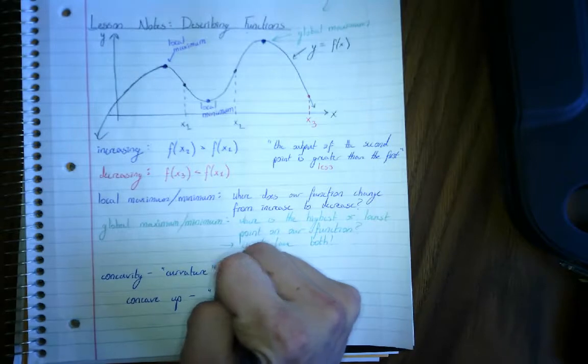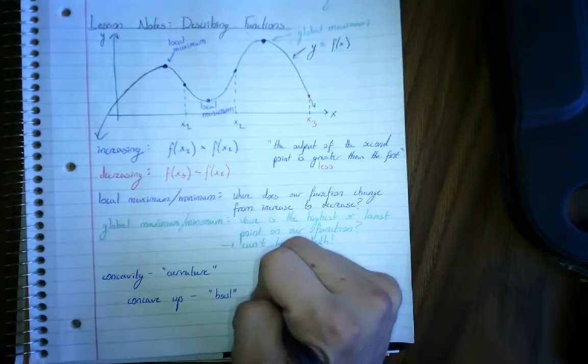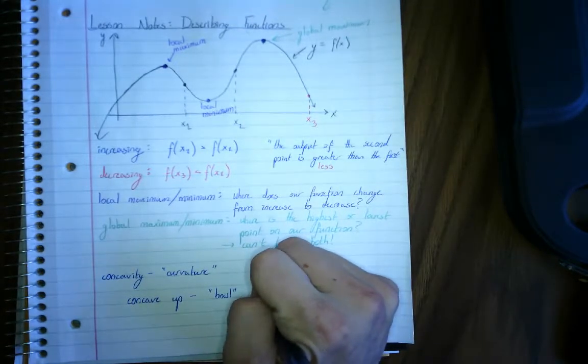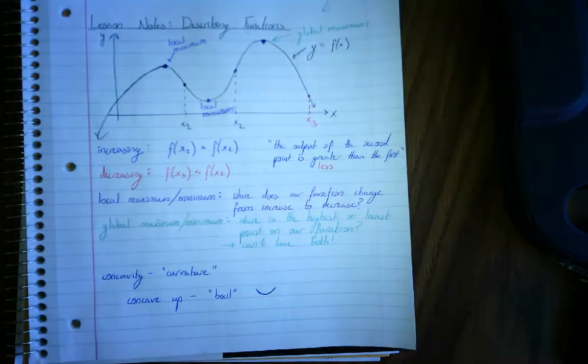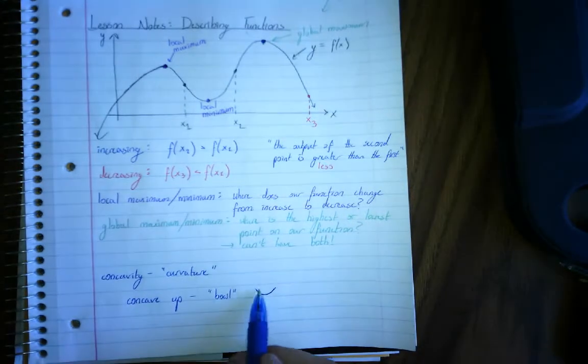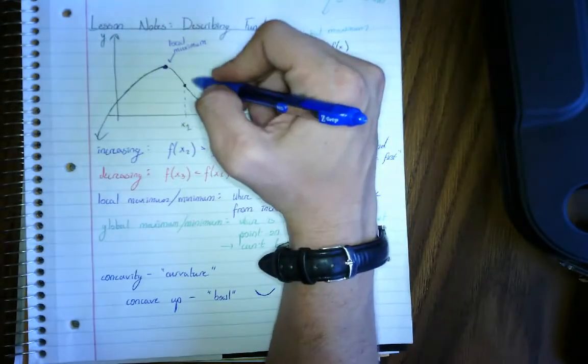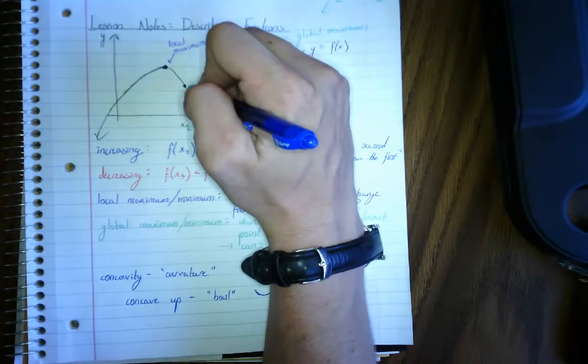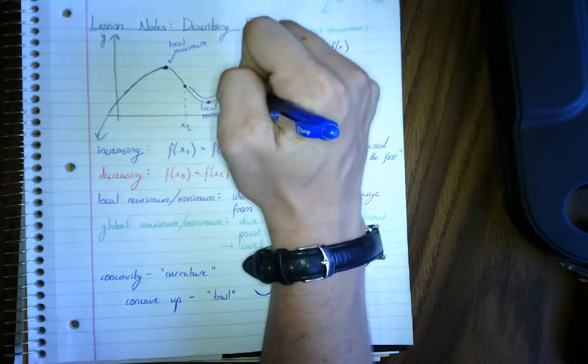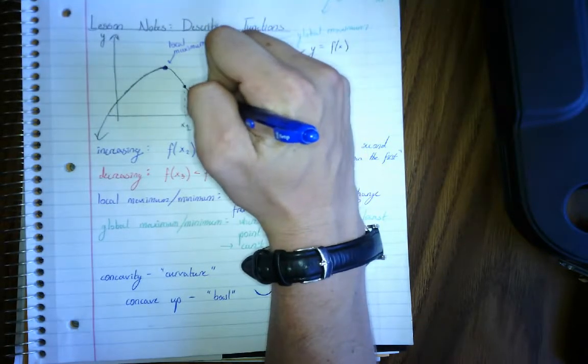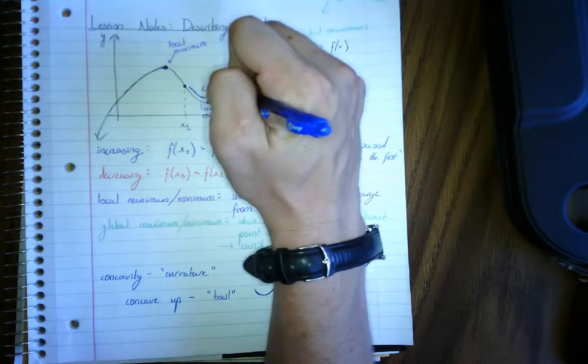I like to see it as like sitting in a bowl. So it's going to have some sort of steepness where if you were to put a ball inside of it and roll it back and forth, it's going to stay inside. So an example of concave up would be right here. So I'm going to abbreviate it CCU.